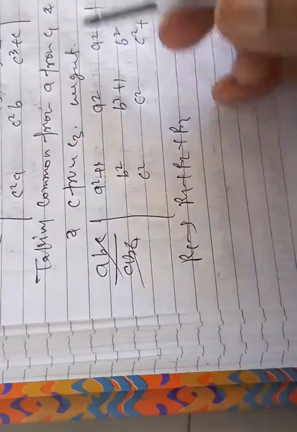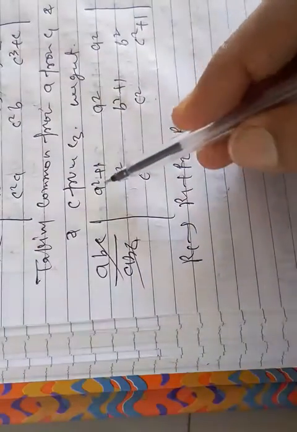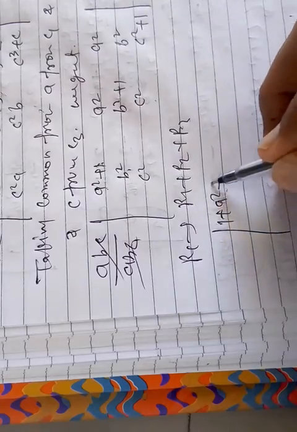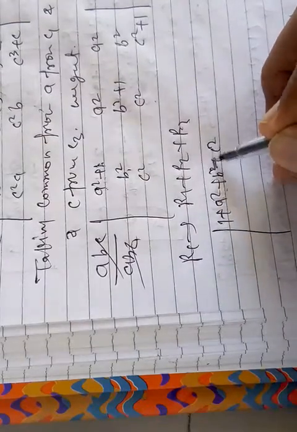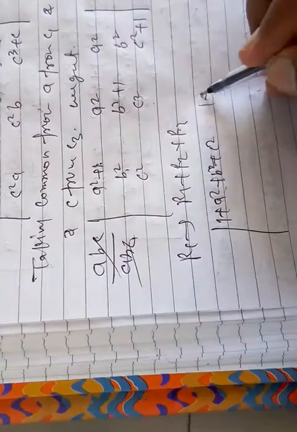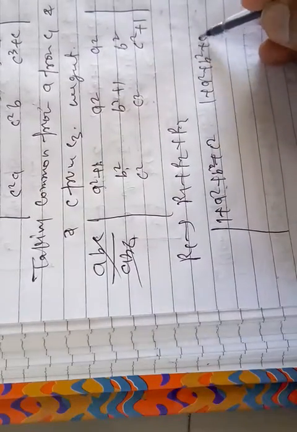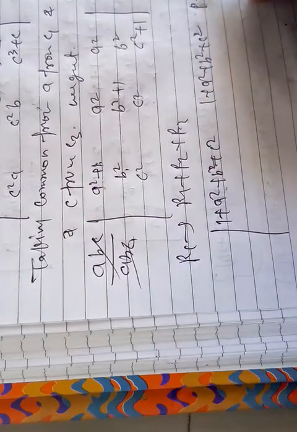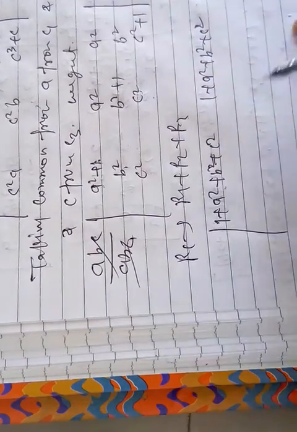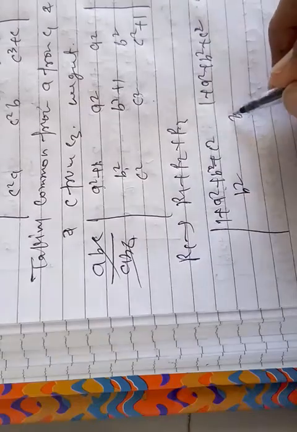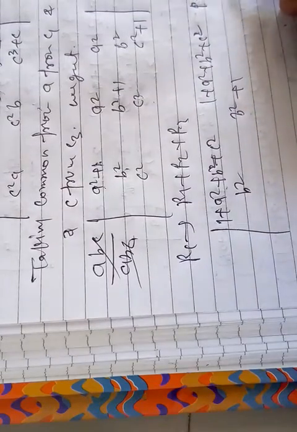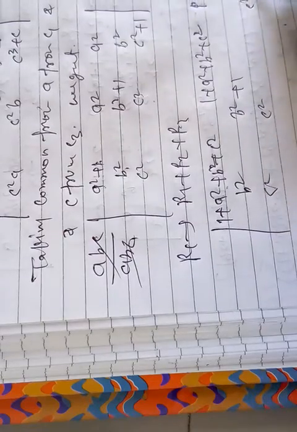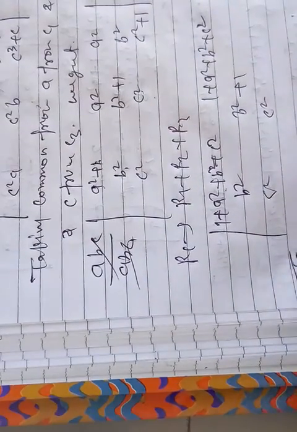A square plus 1, so already found, 1 plus a square plus b square plus c square. This is also 1 plus a square plus b square plus c square. This is also 1 plus a square plus b square plus c square; b square, b square plus 1, and this b square, c square, c square plus 1.